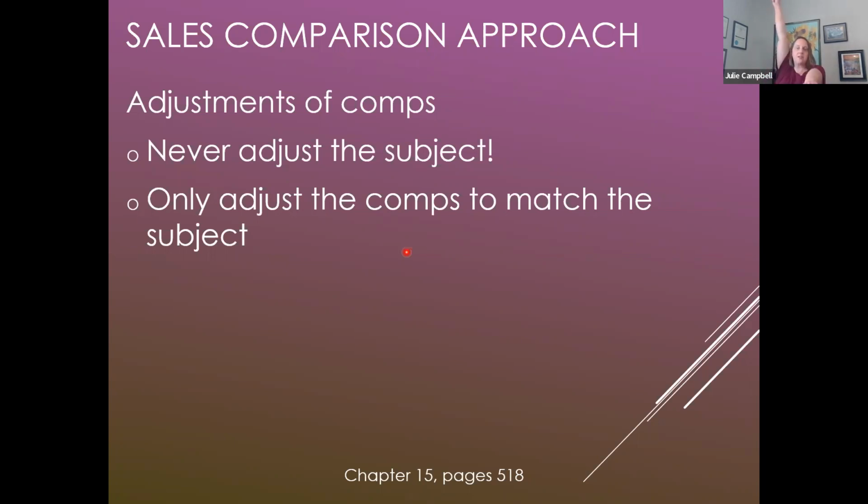If the comp is superior, you deduct. If the comp is inferior, you add. Use your little hand trick. Is that helpful? My life changed when I learned the hand trick. I said, dang it, where was that for pre-licensing?